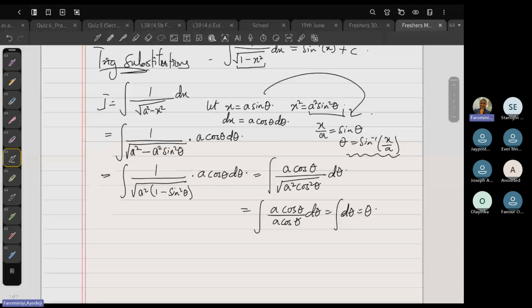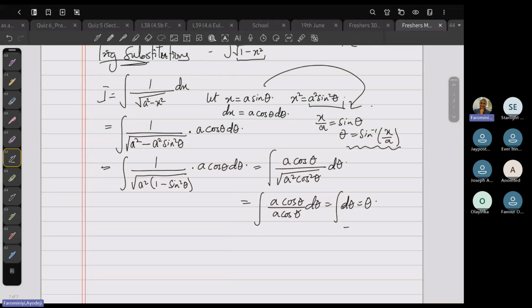Okay. So theta is equals to arc sine x over a. So it means this is sine inverse of x over a plus c. That is the integral of 1 over square root of a squared minus x squared. Okay?